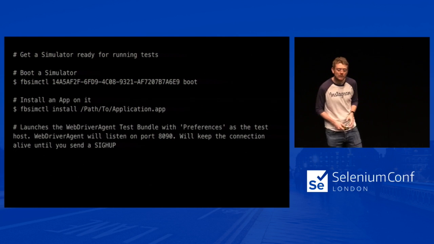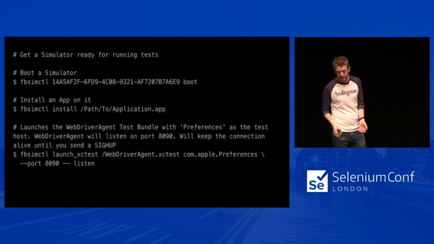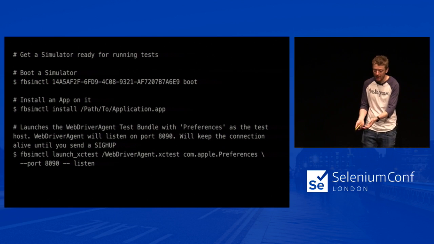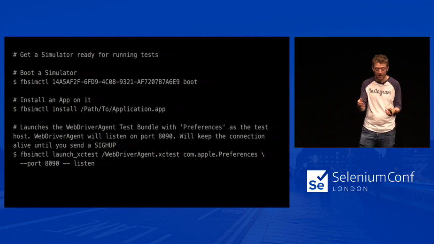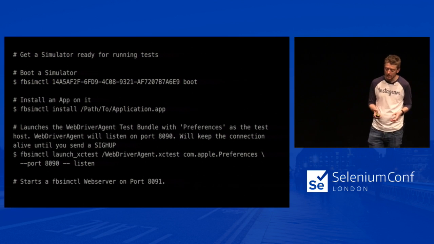You can send a SIGHUP. So this is what it is: FSMCTL launch XCTest, the test bundle, the bundle name, which is com.apple.preferences, then --port 8090 is the port, an argument that's sent to WebDriver Agent. And then listen is just there to keep the process alive. We need to keep the connection alive because this is the way that Xcode Build works.